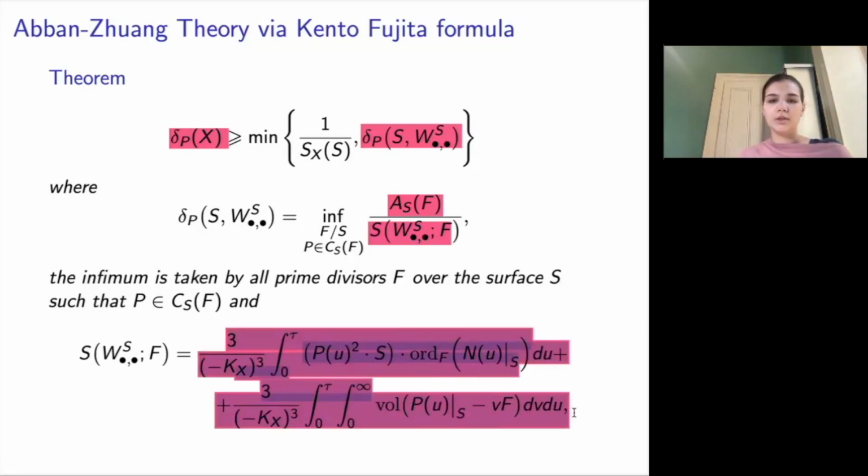So it's a large integral which can be computed explicitly after we know the Zariski decomposition of the initial divisor and our surface S, and that's basically it.